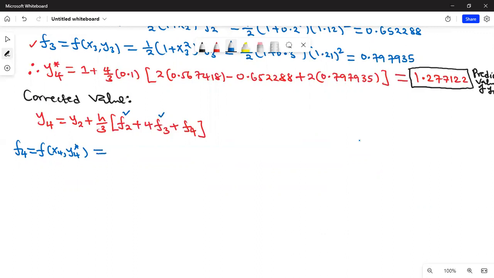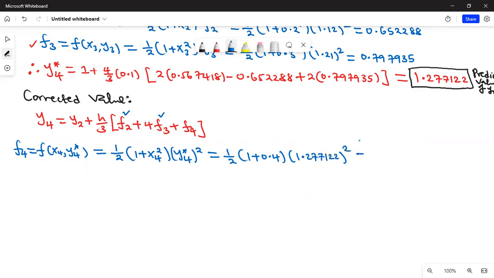So this is the same as 1 over 2 into 1 plus x4 squared, y4 star squared, is equals to 1 over 2, 1 plus, our x4 was 0.4, squared, and our y4 star we have just found, 1.277122.